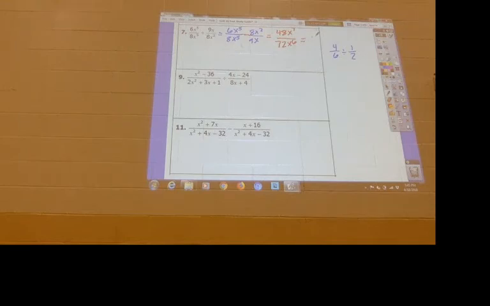I can divide both of those by 2, 4, 8, 12, 24. Yes, I can divide by 24. 48 divided by 24 is 2. 72 divided by 24 is 3.